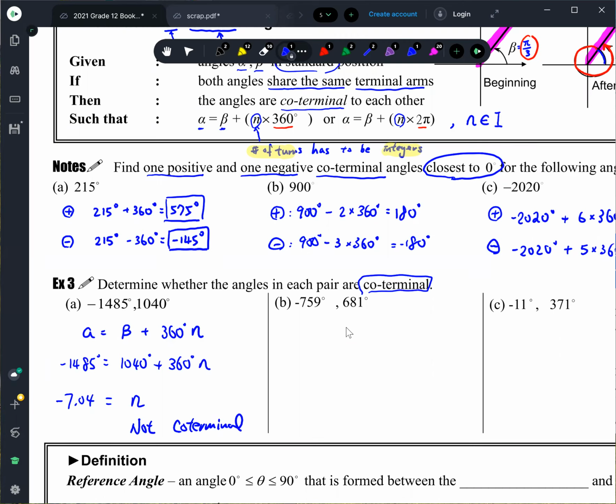Anyone here got stuck on what to do here? You can just plug it into the formula and then solve for n. Or you can do adding 360, keep on adding 360 or keep on subtracting 360.